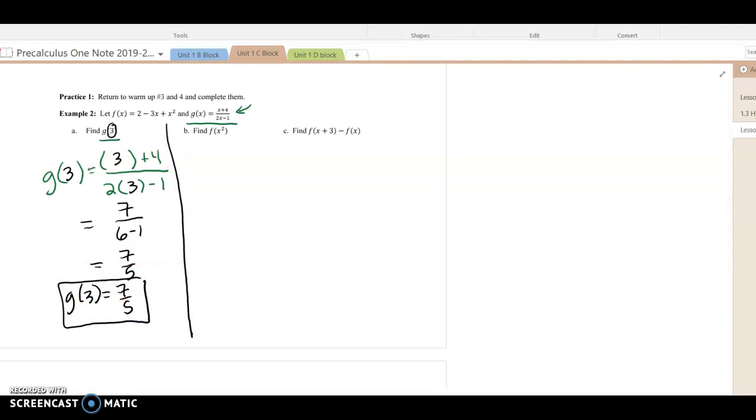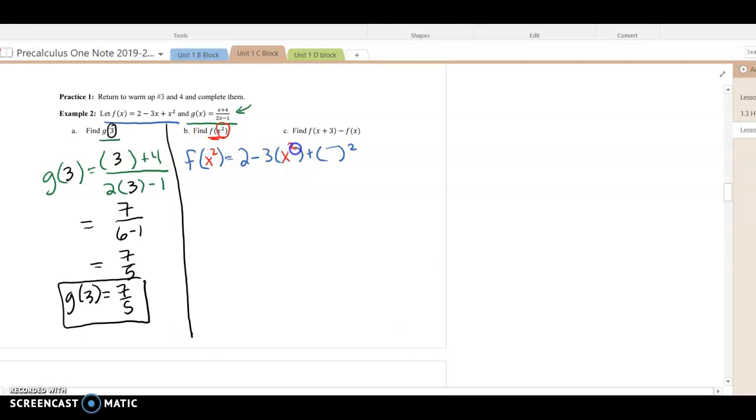Now the rule for f, here's the rule for f. The rule for f of x says you take 2 minus 3x plus x squared. So let's deal with the rule for x. So we have 2 minus 3 times something, because that's our x, plus something squared. Now the problem asks us to find f of x squared. So we're going to put x squared in for our parentheses.